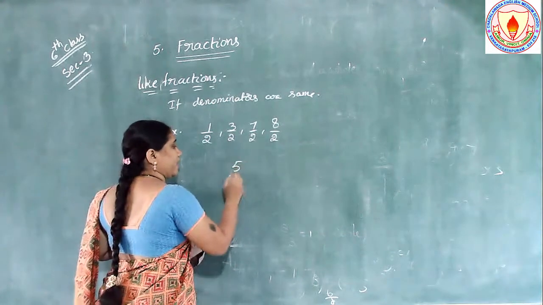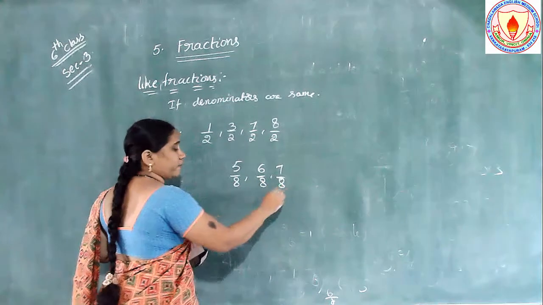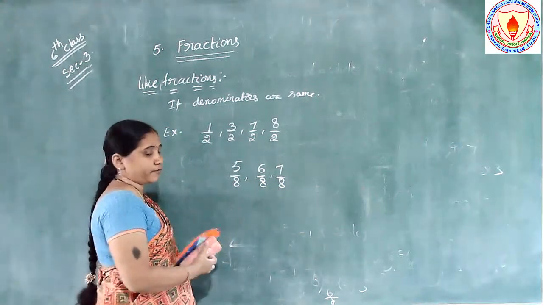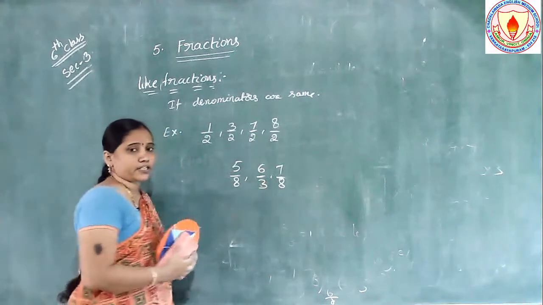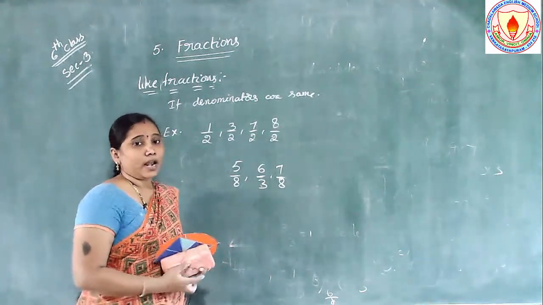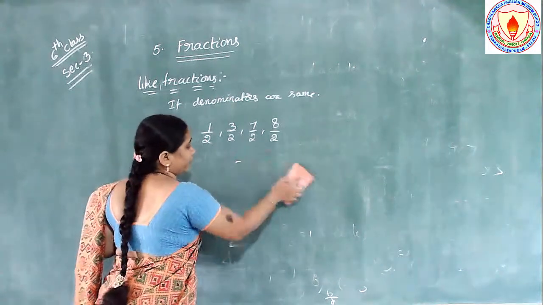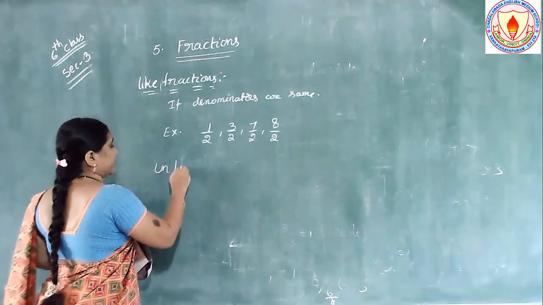Suppose here 5/8, 6/8, 7/8: is it like fractions? Yes, it is a like fraction. Suppose here 7 is there or 3 is there: is it like fractions? No, those are different denominators, so these are not like fractions. Those are called unlike fractions, where denominators are different.